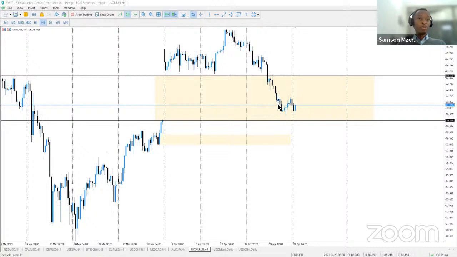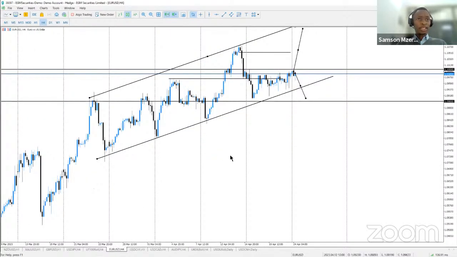And indeed, we've been slowly trying to cover this gap over here that was created when we had the surprise cuts from OPEC. Then the other thing I looked at was EUR/USD, where we said for a bearish case, we're in a channel. So if you have your EUR/USD chart, just make sure to plot the channel as is.